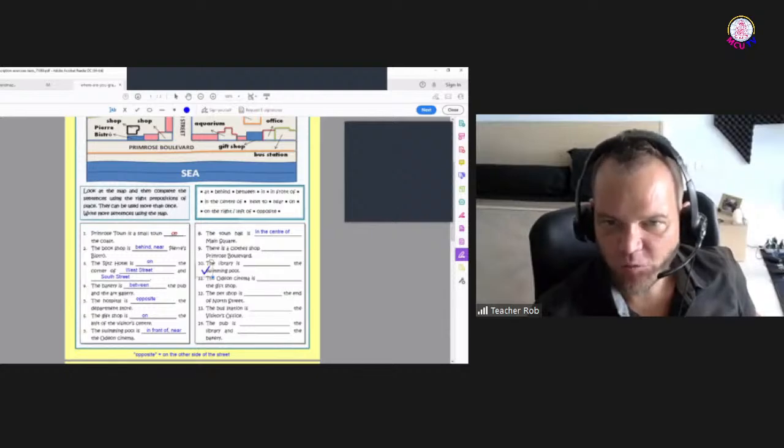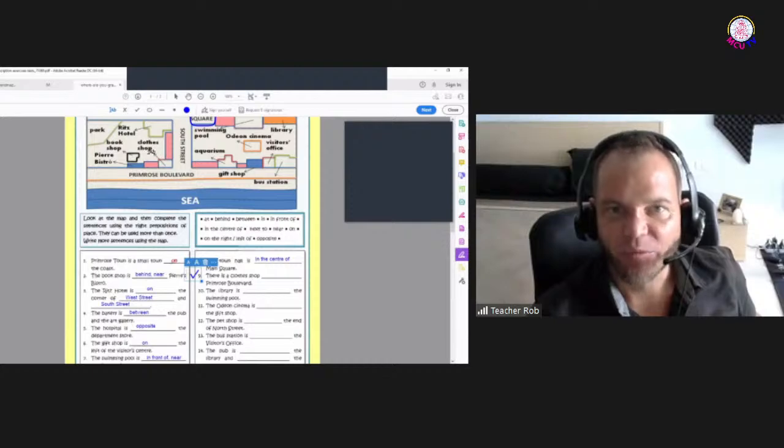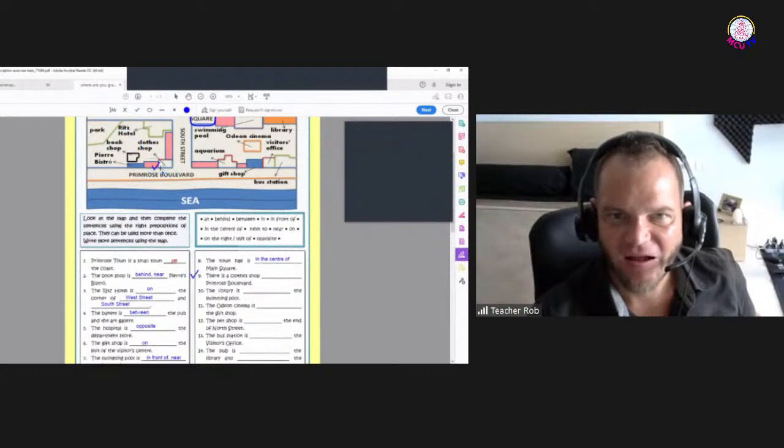There is a clothes shop, blank Primrose Boulevard. We do see the clothes shop right up here. What do you guys think of this one? The clothes shop and Primrose Boulevard.